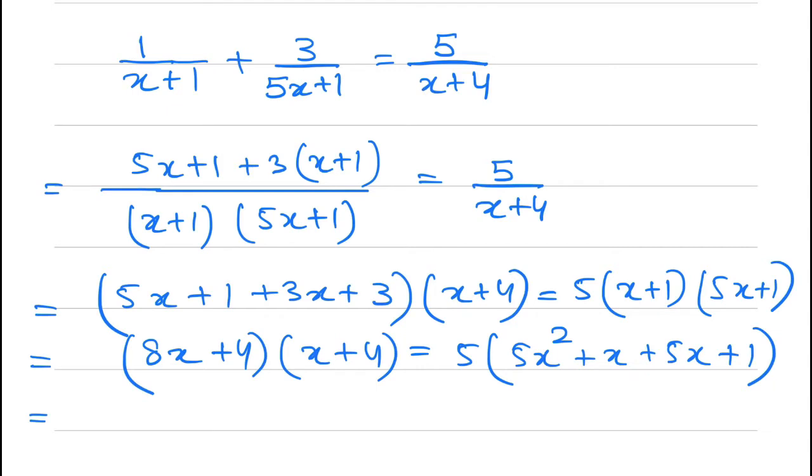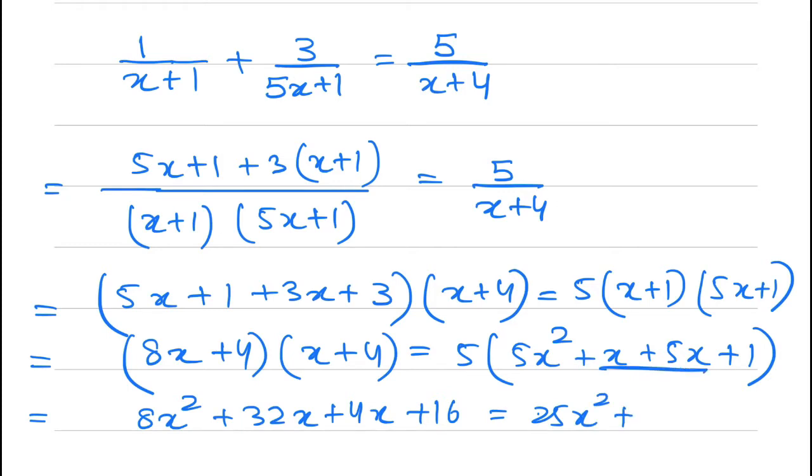This is equal to 8x square plus 32x plus 4x plus 16 is equal to 25x square plus 30x plus 5.